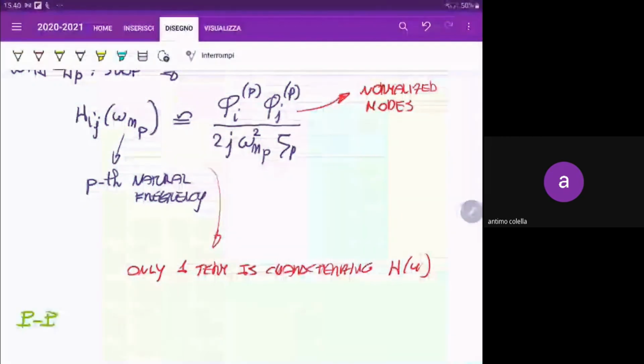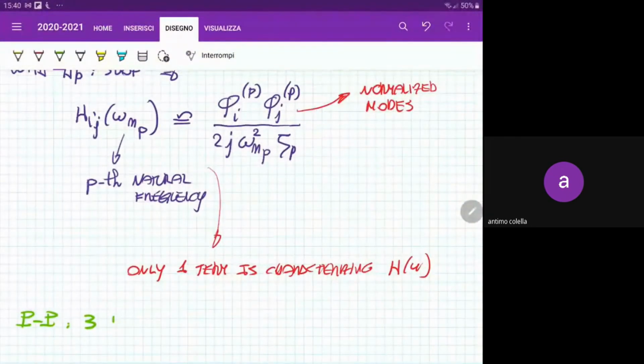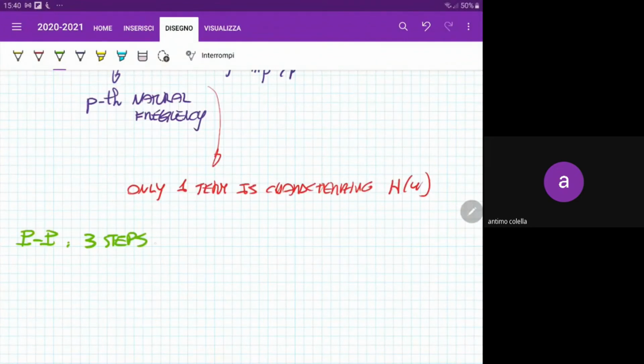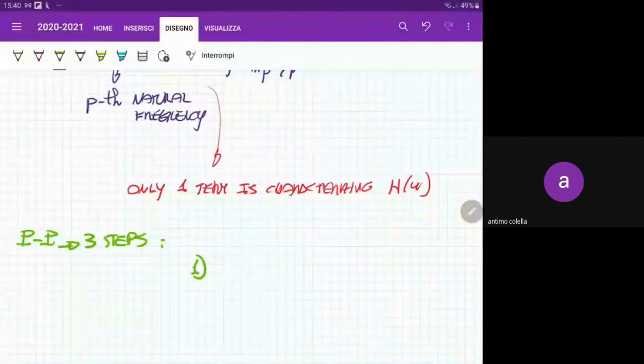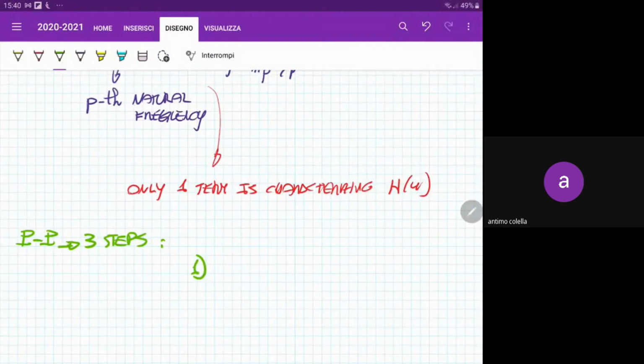So the first one is the estimate of the natural frequency.